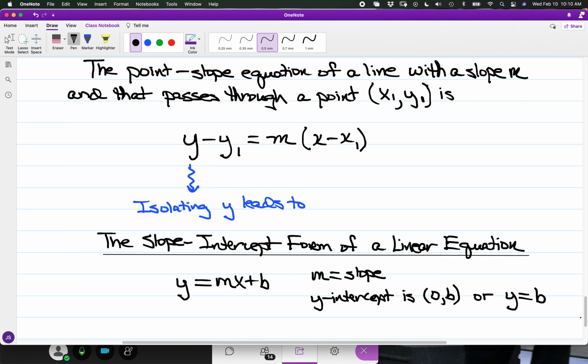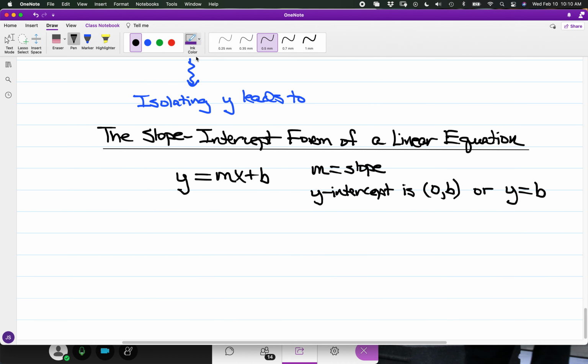And let's say that you were to determine the slope-intercept equation.